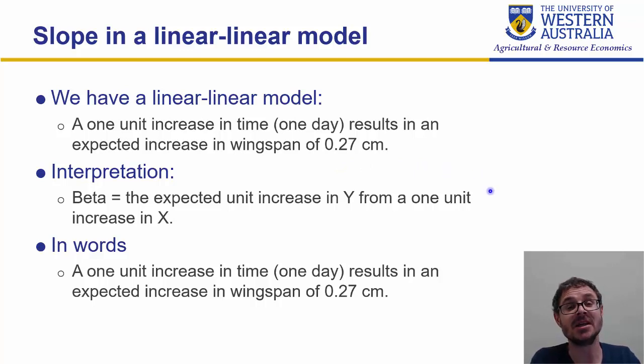From our generic understanding of the interpretation of this, we can say a 1 unit increase in X on average leads to a beta unit increase in Y. So an increase in time of 1 day results in an expected, or on average, increase in wingspan of 0.27 centimeters.